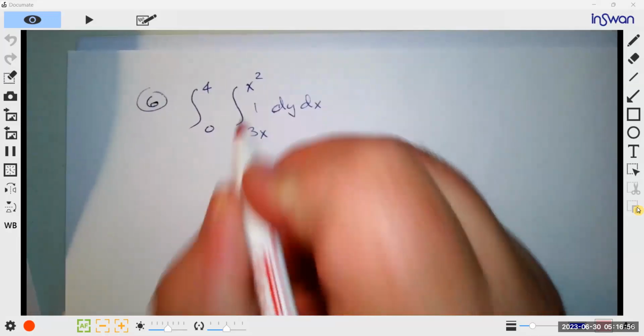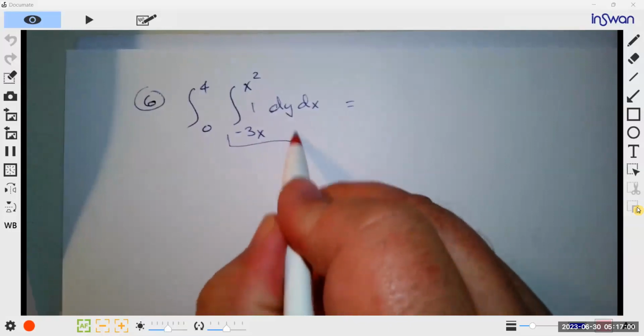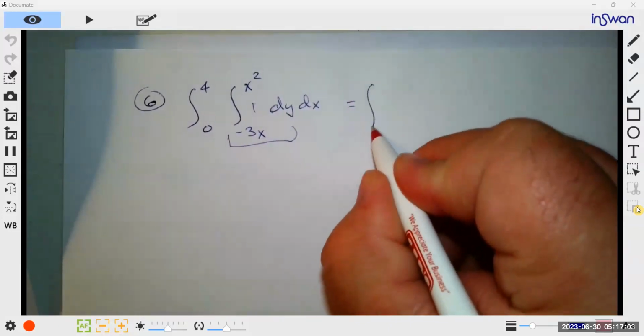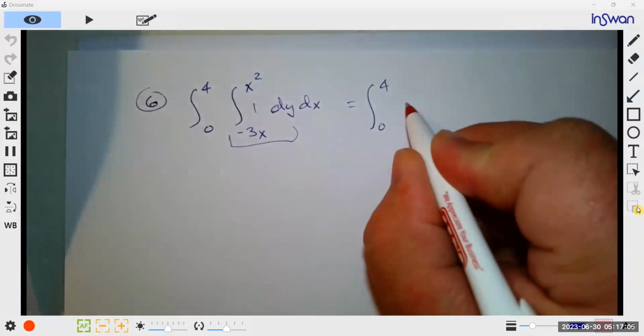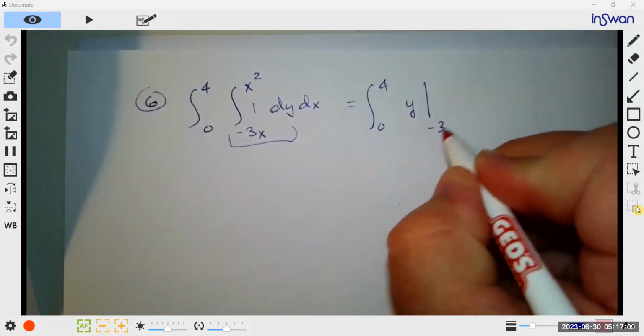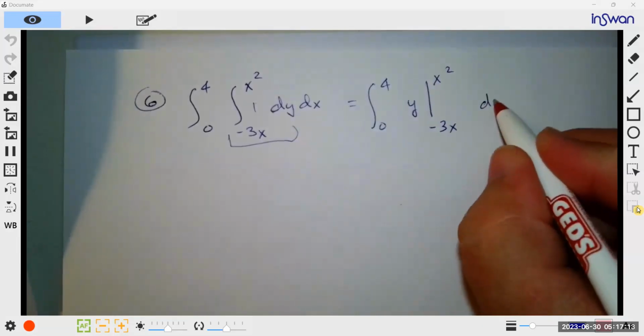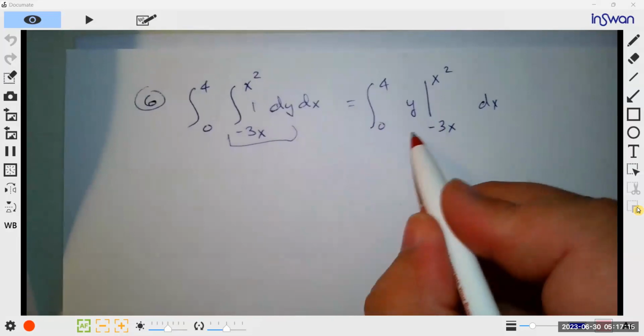Right now there's a constant, there's a 1 there. So the integral with respect to y of 1 is y, from negative 3x to x squared. Then our dx. We're just doing the middle part now.